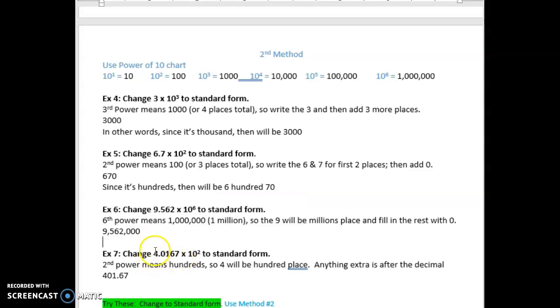And then last but not least, we've got 4.0167 times 10 to the second power. Second power means hundreds, so automatically I know I'm going to have 401, and then the digits behind the decimal just stay there. 401.67.